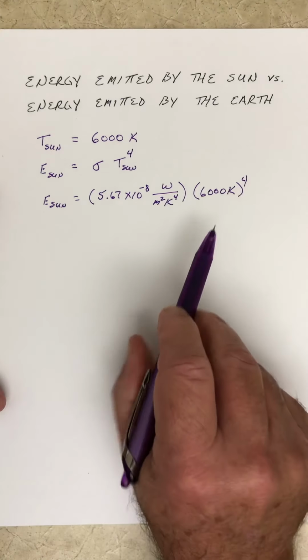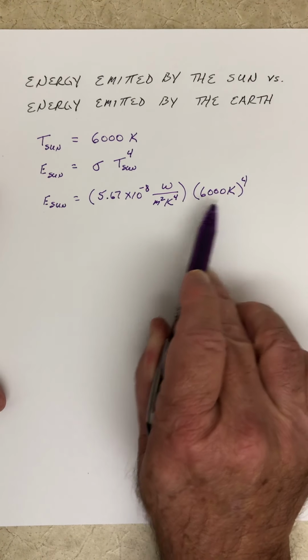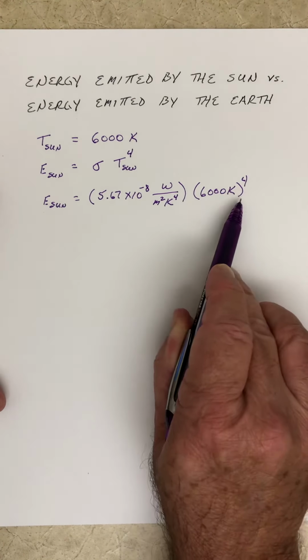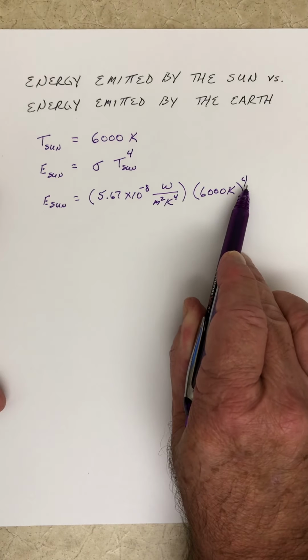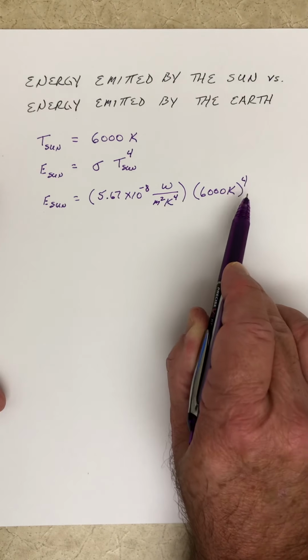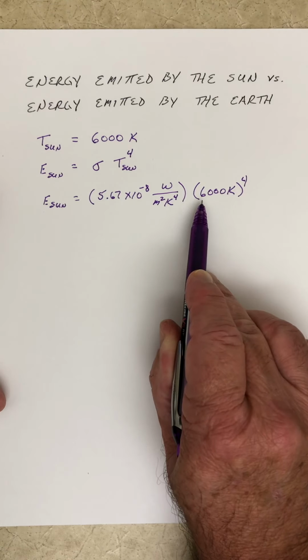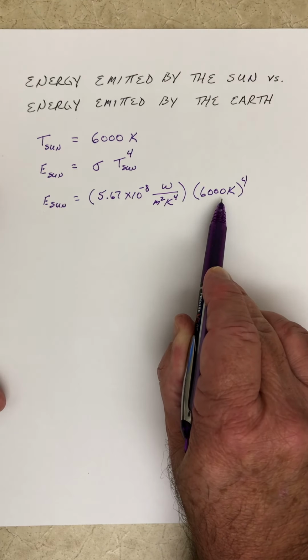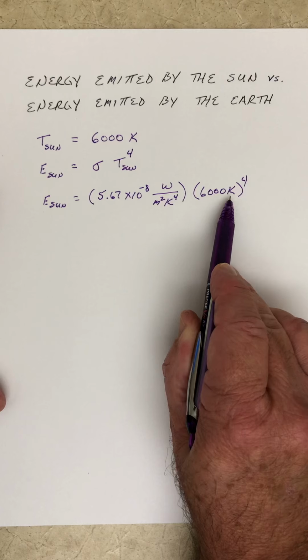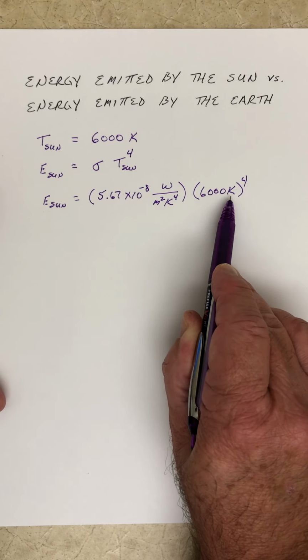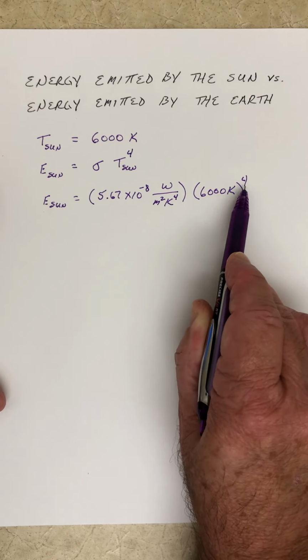Now notice that the 6,000 Kelvin is inside the parentheses, and the power is to the outside. That's important because that means we have to raise the number, 6,000, to the 4th power, and we have to raise the unit, Kelvin, to the 4th power.